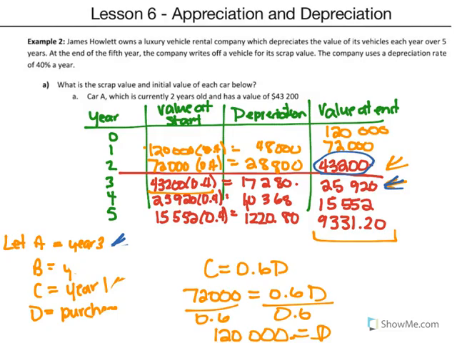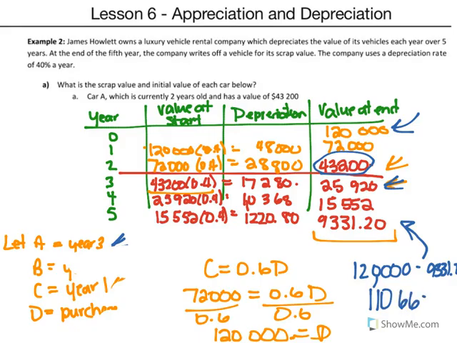So this car over 5 years depreciated from 120,000 to $9,331.20. And to think about that, 120,000 minus 9,331.2 has a depreciation of $110,668.80.